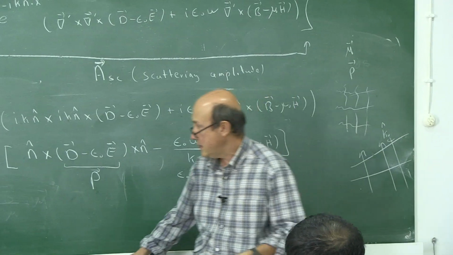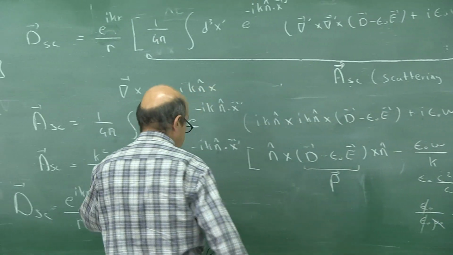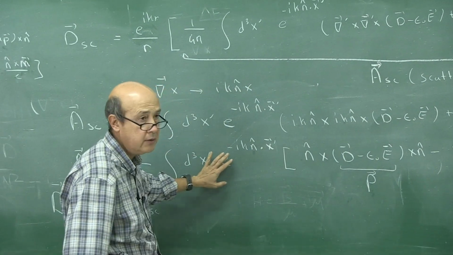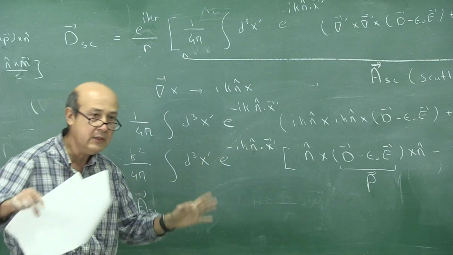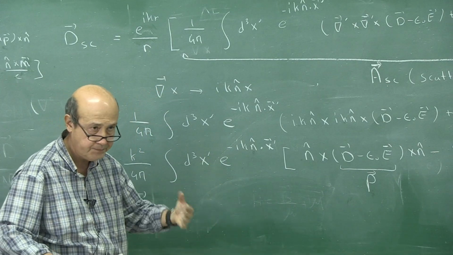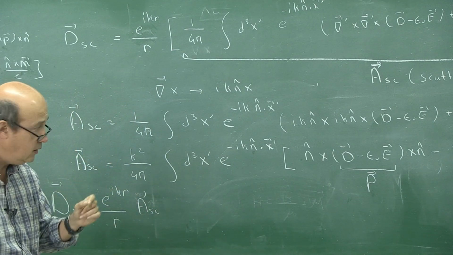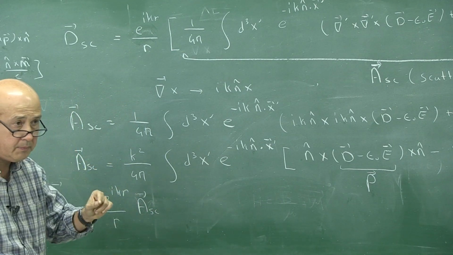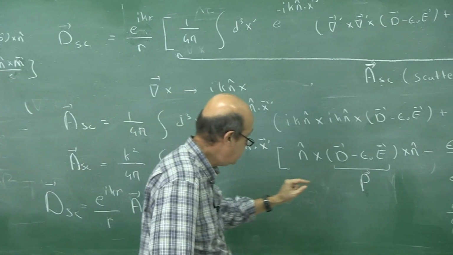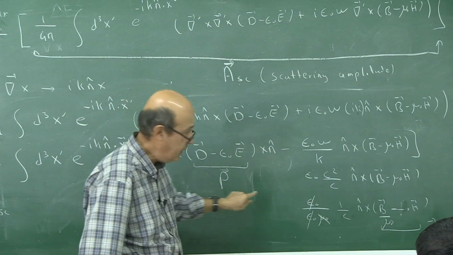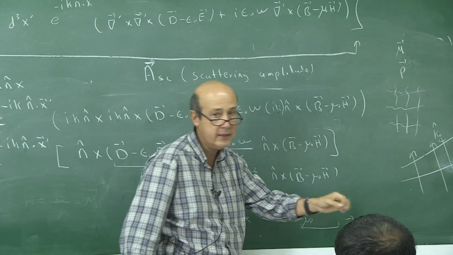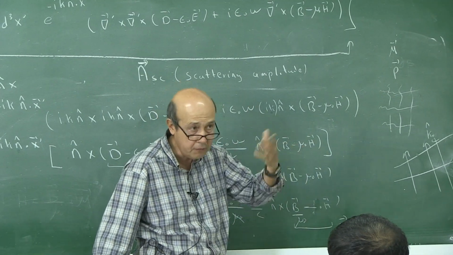If we integrate this for a distribution of sources, this will handle what? Diffraction or interference effects. If you have one single source of the electric dipole and magnetic dipole, you can represent this as a delta function, with delta function at x prime equal to 0, for example.